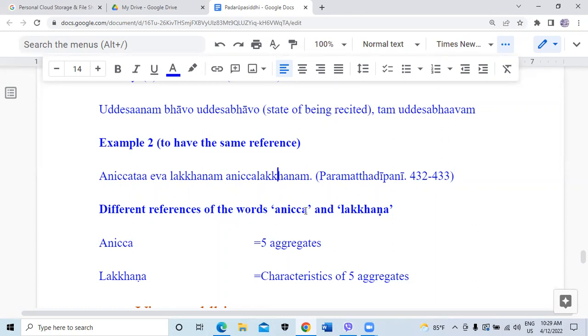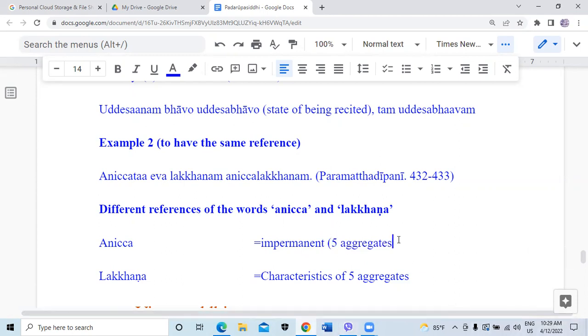But then because you said down here that anicca refers to the five aggregates. Anicca is five aggregates. Yeah, if so, this must be wrong. If so, impermanent. Okay, this is referring to aggregates.